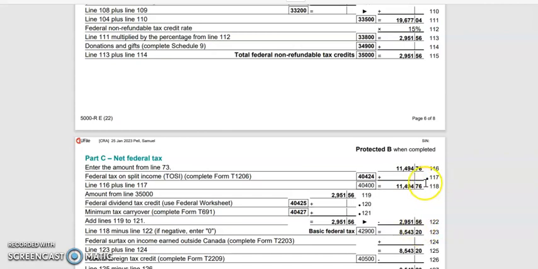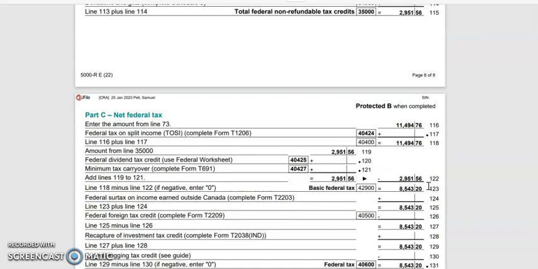So we've got the amount that it's saying that we owe for taxes on our taxable income, which is the 11,494.76. Then we have to subtract the non-refundable tax credits, which is your 2951.56, and then that gives you the basic federal tax amount that you owe, okay, which is your 8543.20.